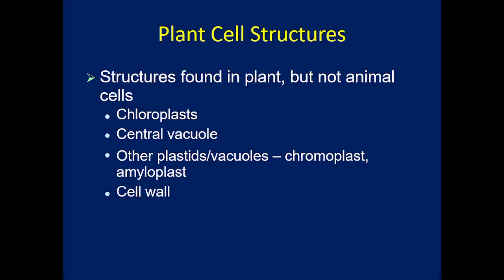Plant cell structures, and these are the important organelles. Certain structures may be found in plants but not in animal cells, like chloroplast, central vacuole, other plastids, vacuoles and cell wall.